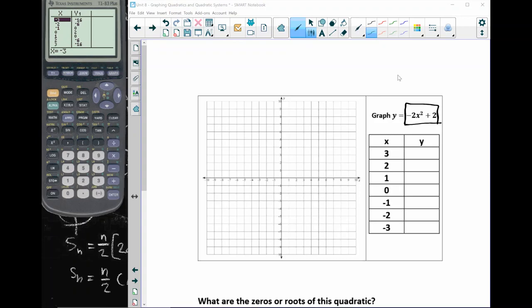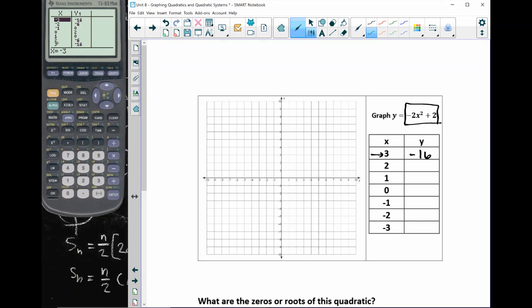Okay. Now, over here, you can see that I have a 3. So wherever in my table of values I have a positive 3, like right over here, I can write in whatever that value is for y. So for the positive 3, I have a negative 16.